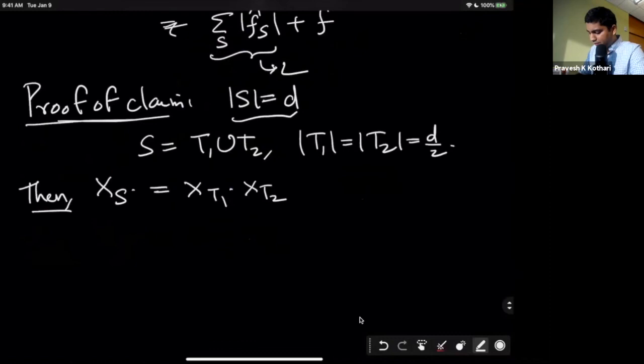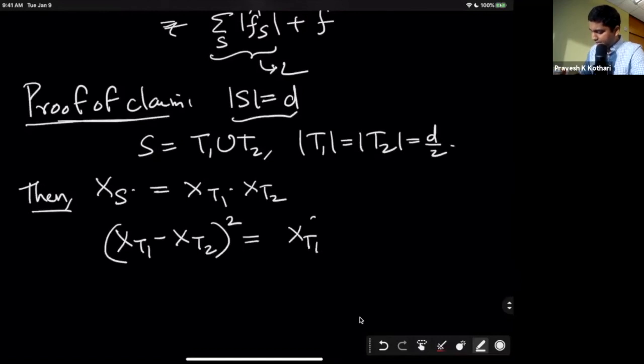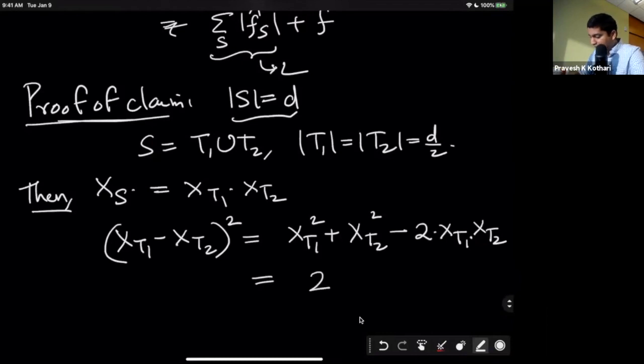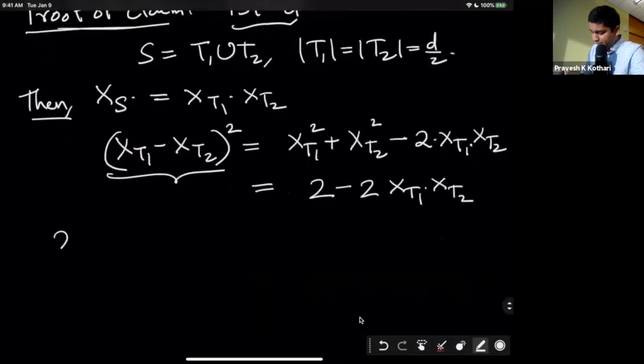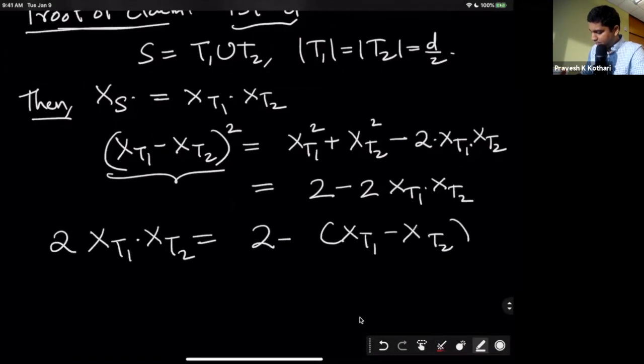And now, all we are going to observe is that (X_T1 minus X_T2) squared equals X_T1 squared plus X_T2 squared minus 2 times X_T1 X_T2. Remember, we are over the hypercube. So X_T1 squared and X_T2 squared actually equal 1. So this actually equals 2 minus 2 X_T1 X_T2. And we have a square here.